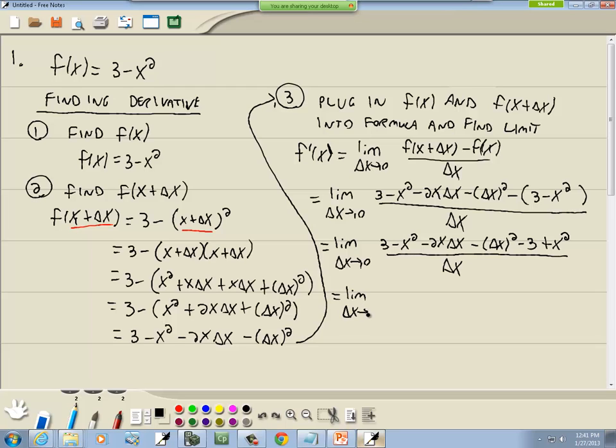Now we always want to combine like terms at any point. And here I have 3 minus 3. Those are going to cancel. Here we have negative x squared, here we have a positive x squared. Those are going to cancel. So we're left with negative 2x delta x minus delta x squared over delta x.